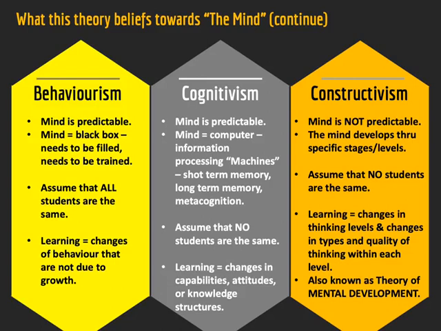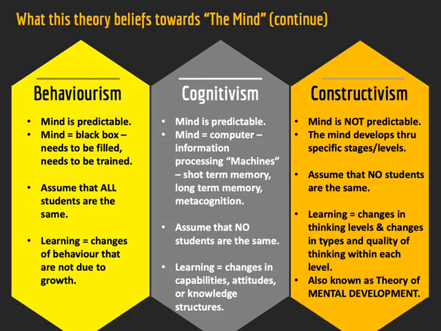And they believe that learning happens when there are changes in learners' capabilities, attitudes, or knowledge structures. And later on, constructivism believes that the mind is not predictable, which actually contradicts behaviorism and cognitivism.